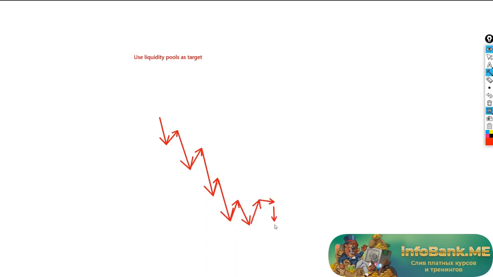Now, what else can you do? You can use liquidity pools as targets, right? Now that you understand where liquidity is, let's say you happen to get into a buy position somewhere right here on this down move, and you know you've got trendline liquidity all around here.